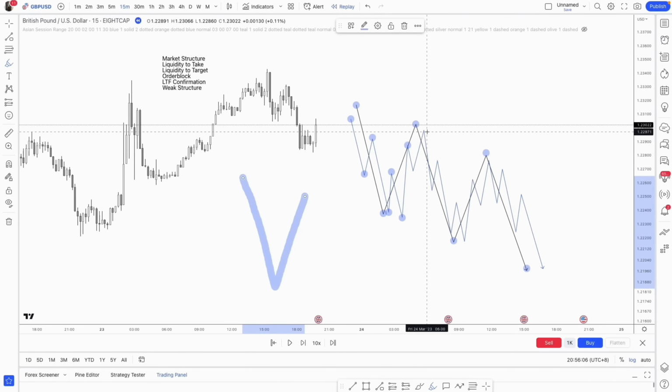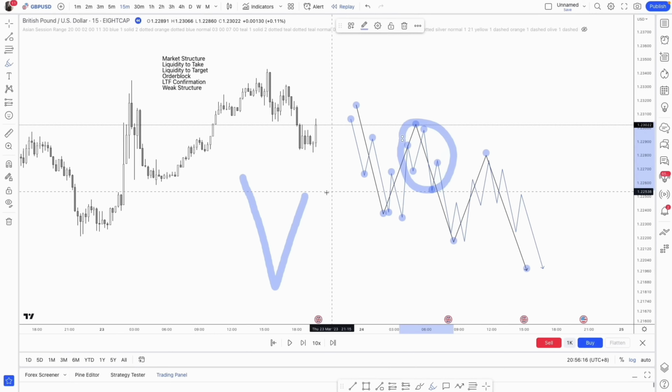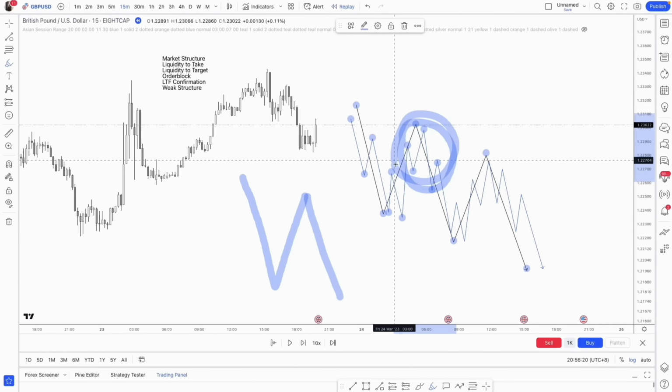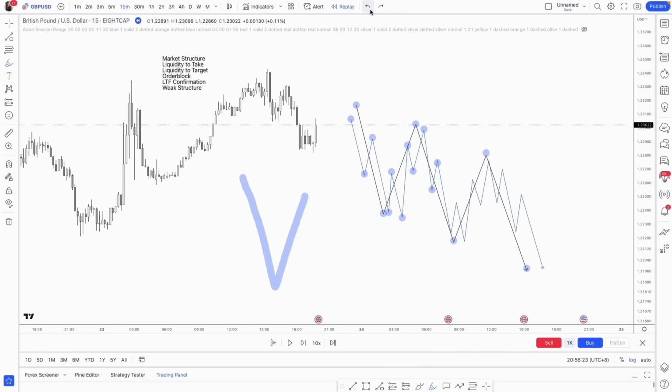And then at some point, as we see here, internal structure, meaning the lower time frame structure, will shift back to bearish. And that is when we know that price is ready to go and put in a new lower low. And this right here is exactly what we use to get into trades. So there is essentially market structure.